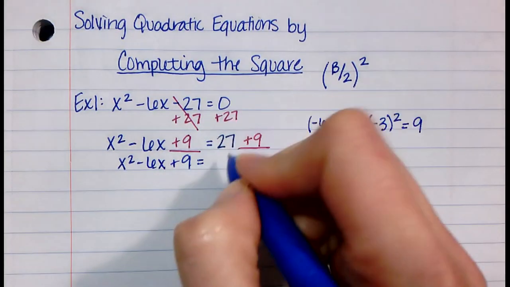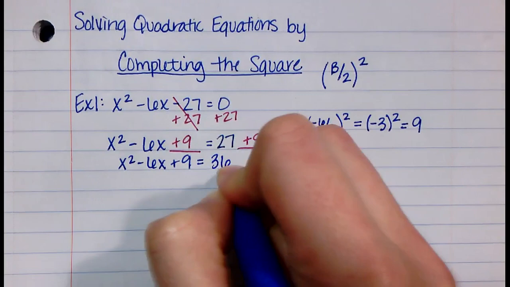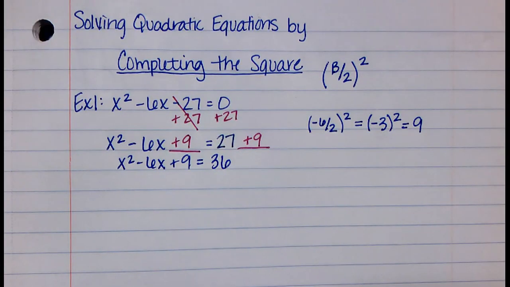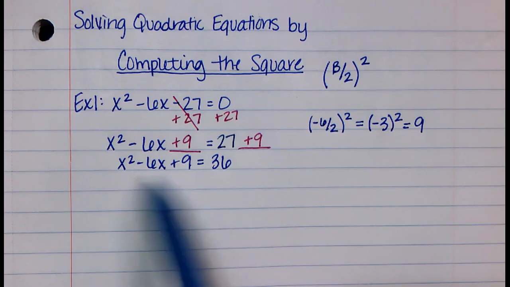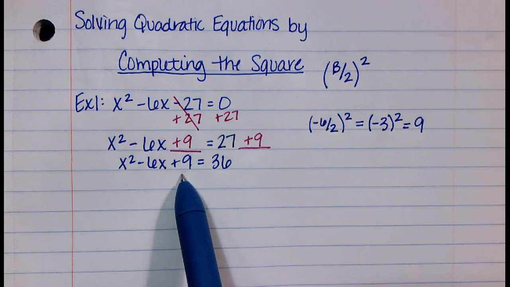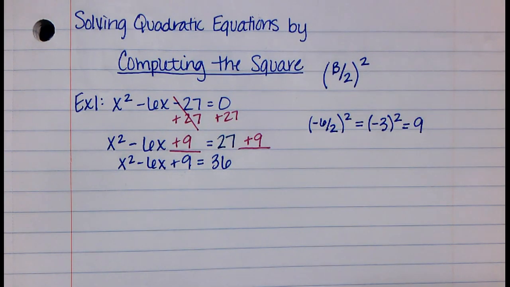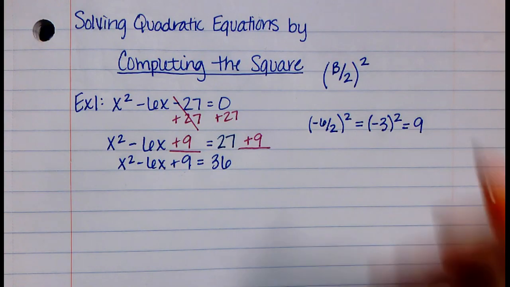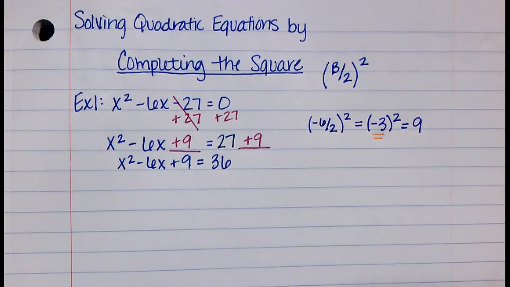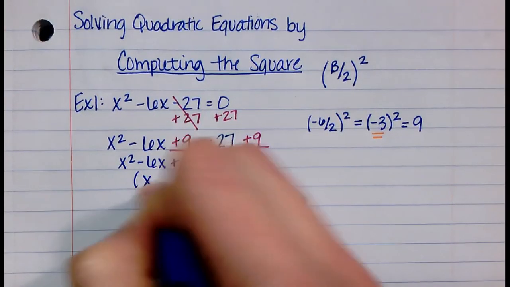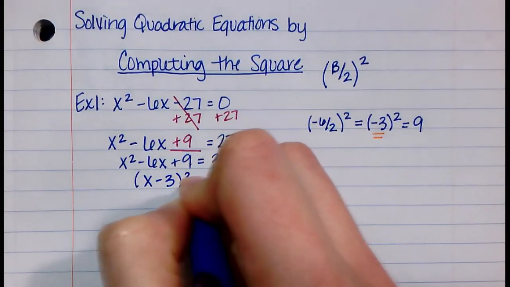From here, we're going to go ahead and rewrite our side over here as the factors, which we know that our number in our parentheses is going to be negative 3 because we have our b divided by 2. So we're going to rewrite this as x minus 3 squared equals 36, because that's our special case.